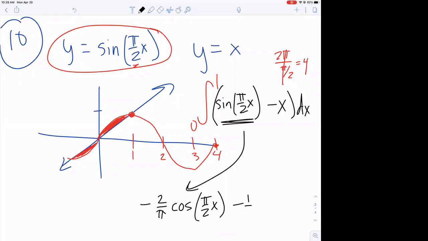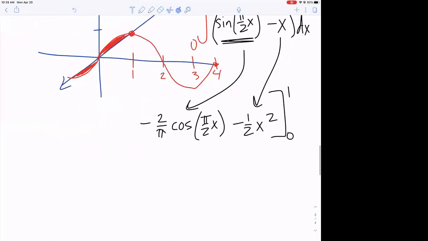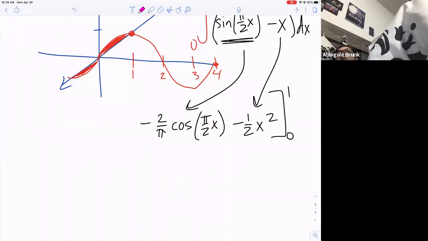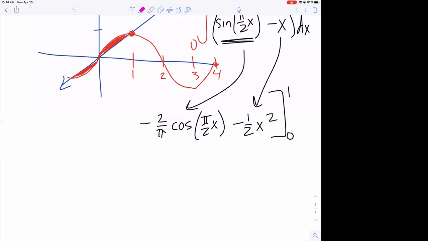And then this is 1/2 x squared, to go backwards from the x. And then we got to plug in 0 and 1. Praise God that they're easy numbers to plug in. So if we plug in 1, what's cosine of pi over 2? 0, yeah. So this is 0 when I plug in 1, so that's all 0.